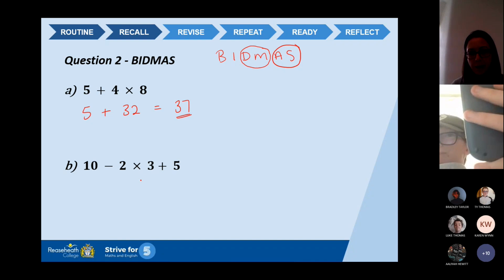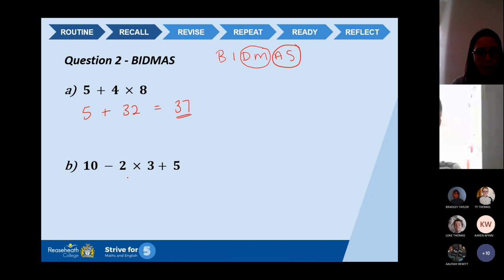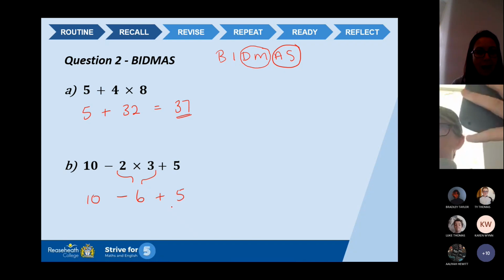Now this one is a bit more tricky because we do the divide and multiply first, which is 6 here. And then you've got 10 take away 6 plus 5. Now we're left with a sum that has an add and a subtract in it. So it's got more than one operation, so we need to apply BIDMAS. However, add and subtract are equal. One is not more important than the other.